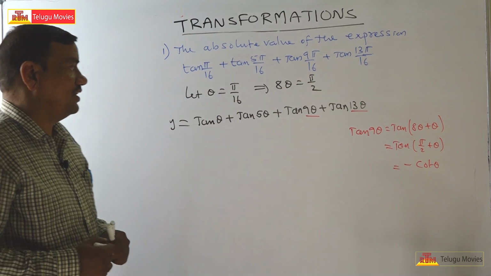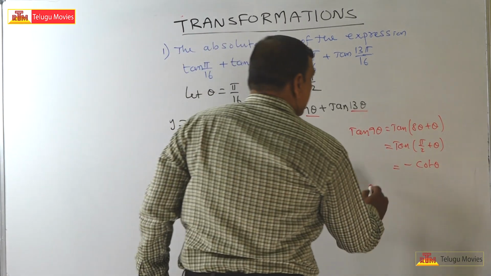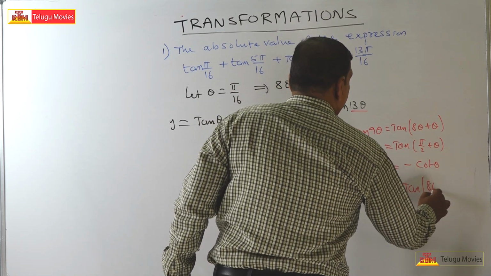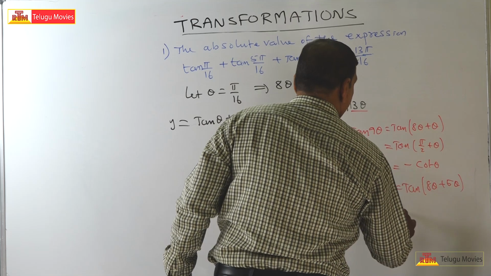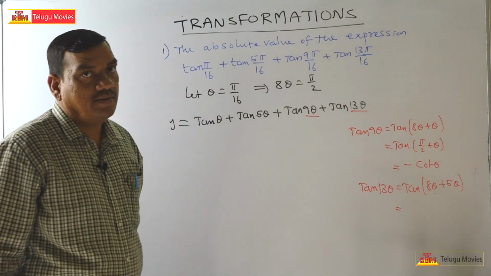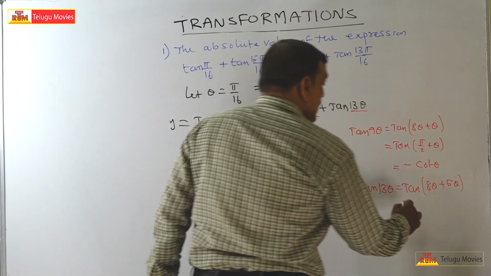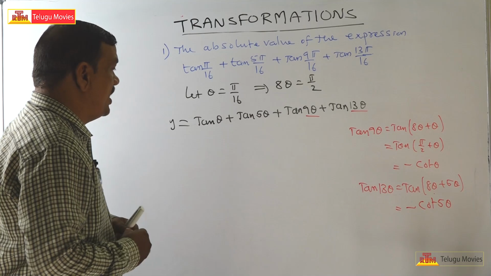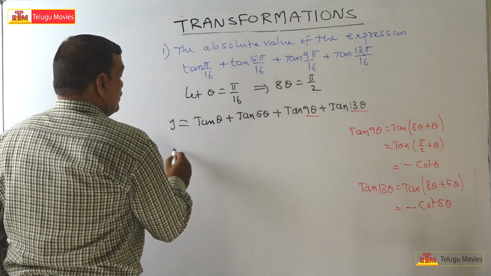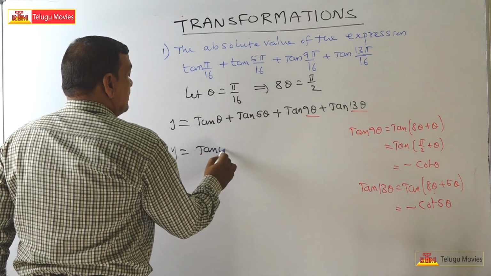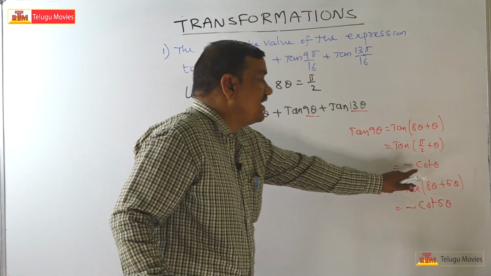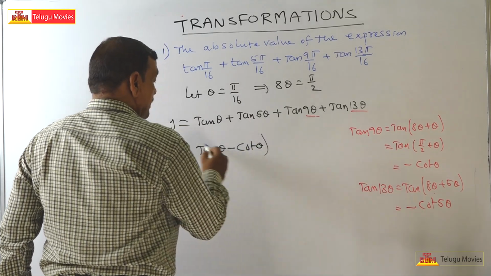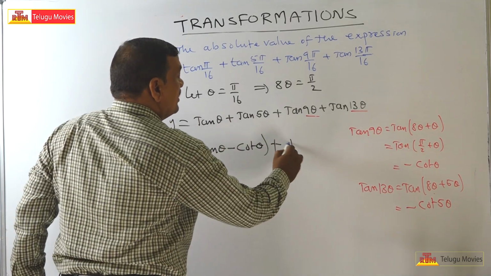Tan 13 theta is equal to tan of 8 theta plus 5 theta. Again 8 theta is pi by 2, so this is minus cot 5 theta. Therefore your problem is changed to y is equal to tan theta, plus tan 9 theta, which is minus cot theta, plus tan 5 theta.